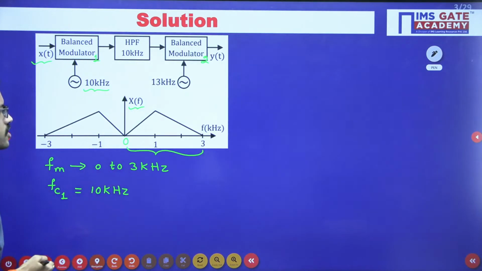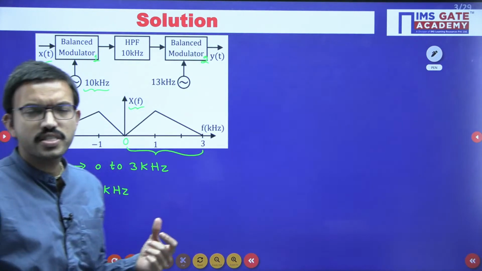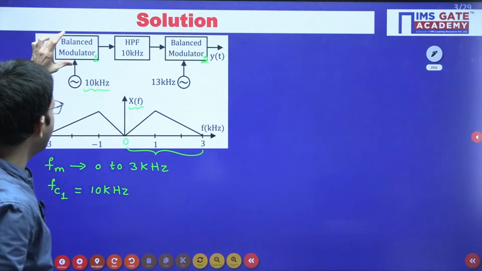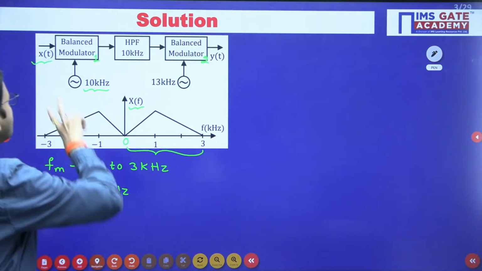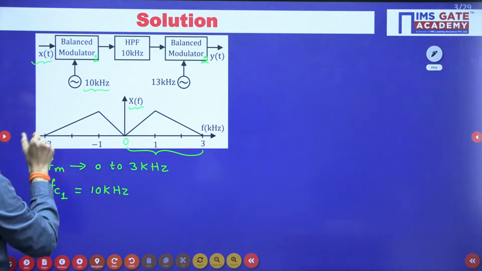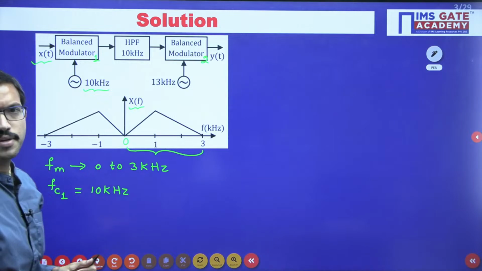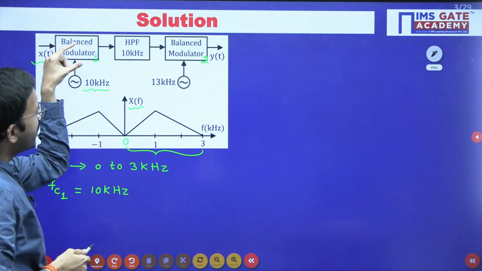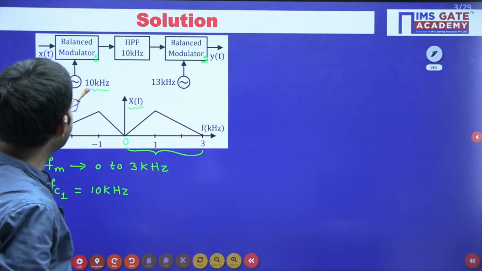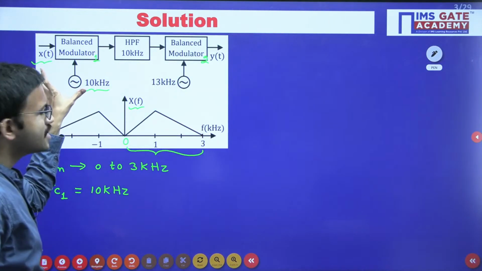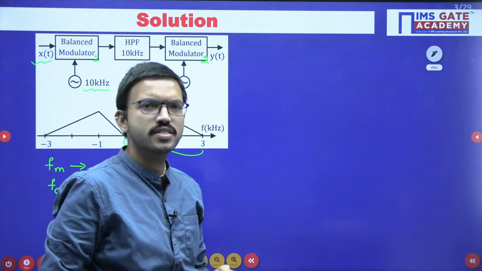In the last class we discussed that whenever you have a multiplier, balanced modulator or product modulator with two inputs, one a modulating signal and the other a carrier signal, at the output you get two possible frequencies: the addition of these two frequencies and the subtraction of those two frequencies.